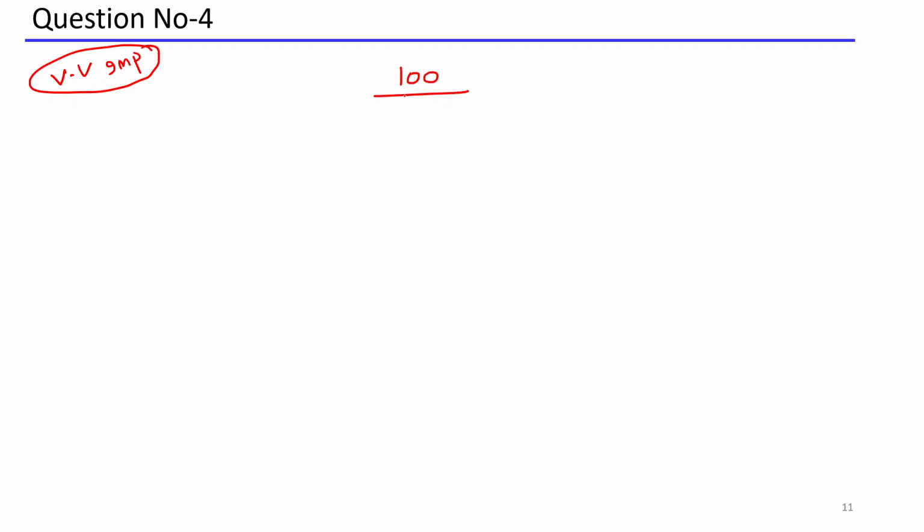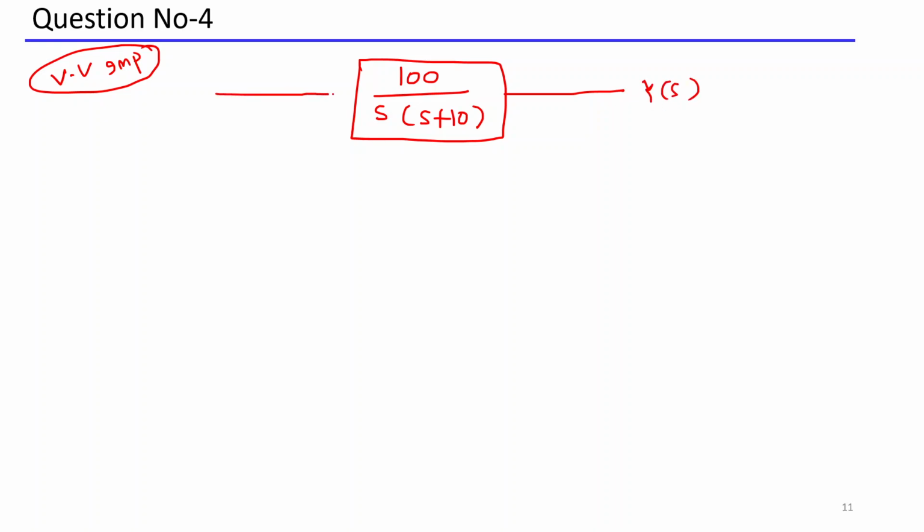Let me give a question to you. 100 divided by s into s plus 10. This is the forward path gain G. This is your output Y(s), and this is your input U(s). Now I'm doing a negative feedback.